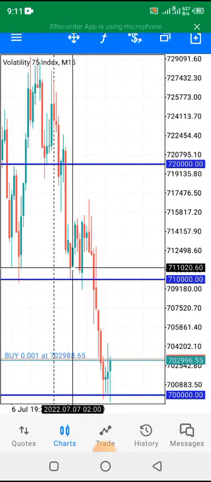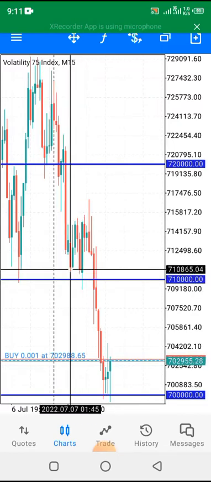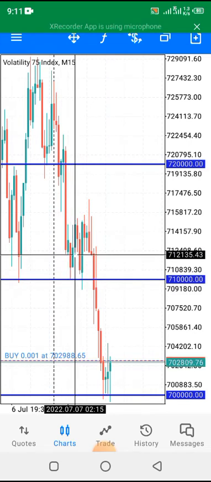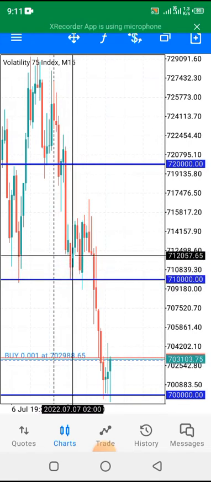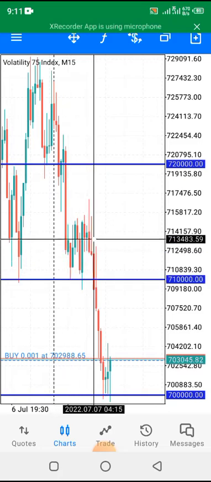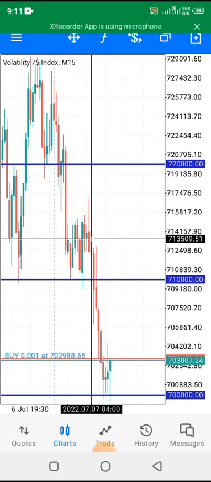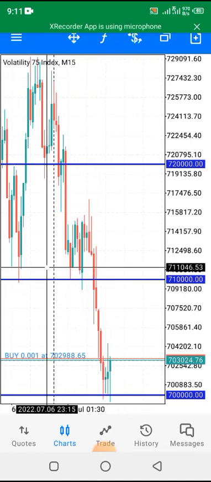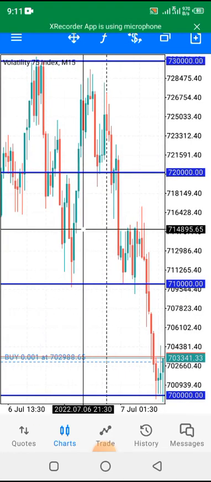When it came down here, this place acted as support, and you can see how the buyers were trying to push up, but definitely it was a sell market, right?